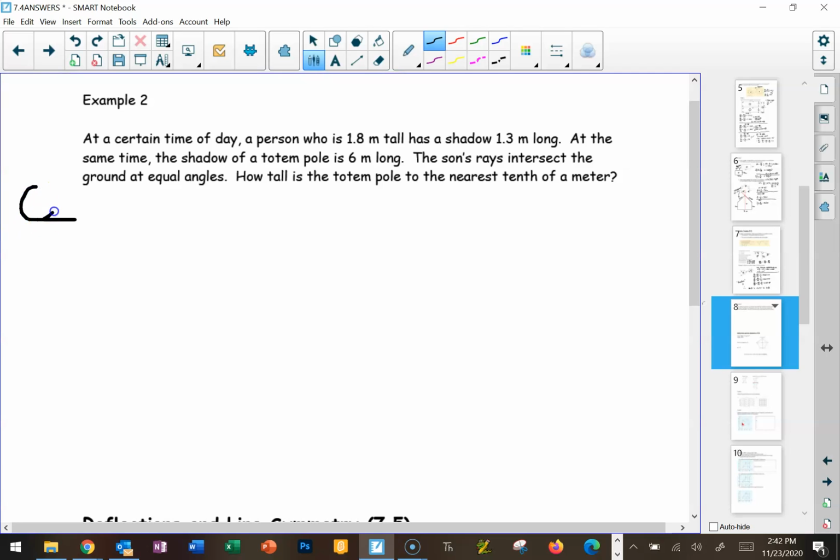I always love to draw these because it helps me visualize the problem. There's the sun, and the sun beats down at an angle and throws shadows on the ground. Here is a human.